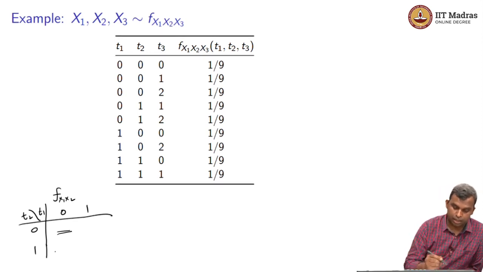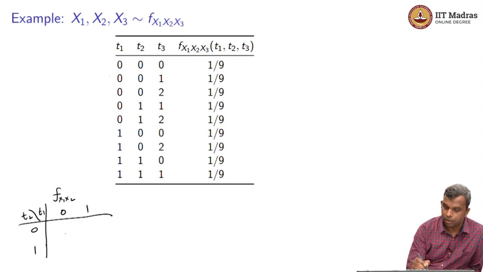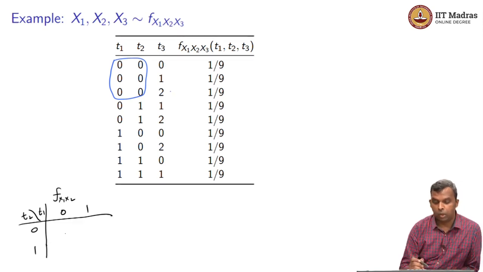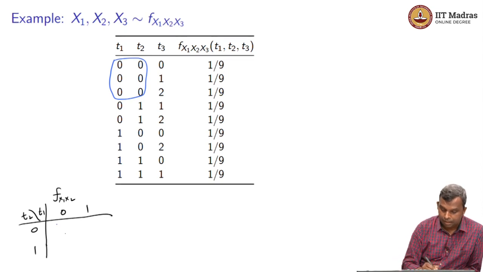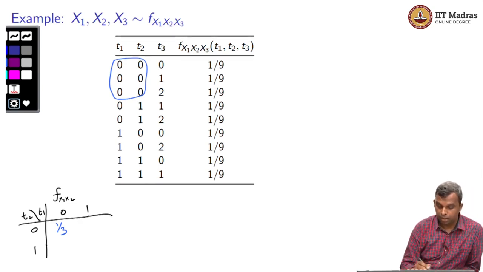Maybe I should use different colors, so I'll use blue. So 0, 0 is blue. You have 0, 0 here, 0, 0 here, 0, 0 here. And I have to sum over all possibilities for t3. If I do that, I add 1 by 9 plus 1 by 9 plus 1 by 9, and that will be just 1 by 3. Now let's change color to look at 0, 1.